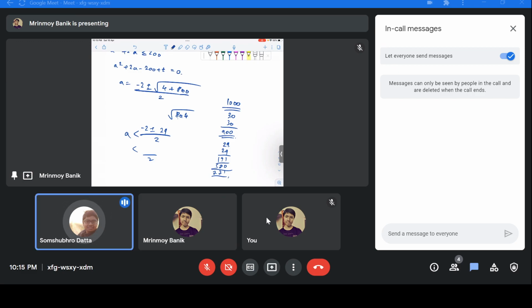So we must assume the minimum, right, instead of the maximum. So we should go for 28 instead of 29, because it comes like 28 point something.